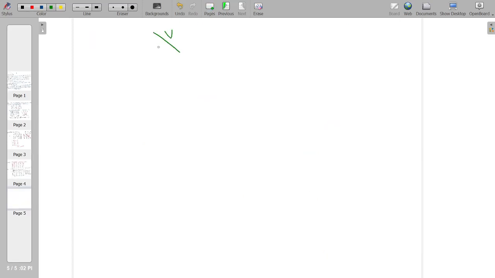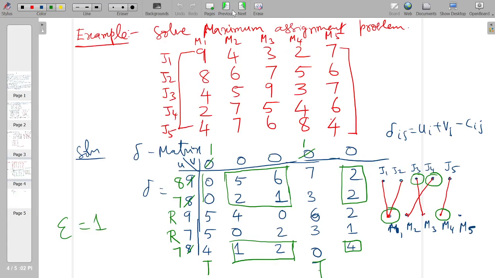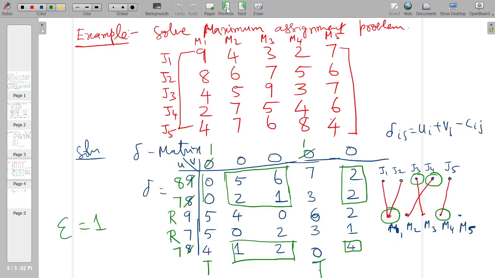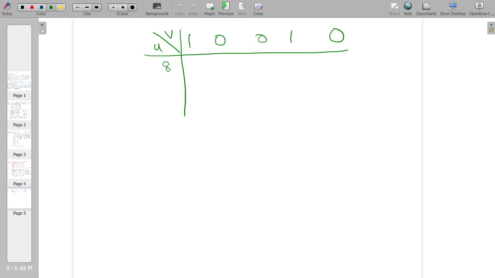Let me write like this: V, and this one would be U. Let me write down the values: 1 0 0 1 0, and the values of U are 8 7 9 7 7.